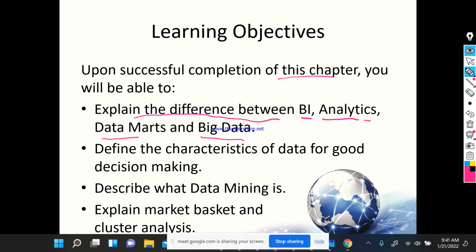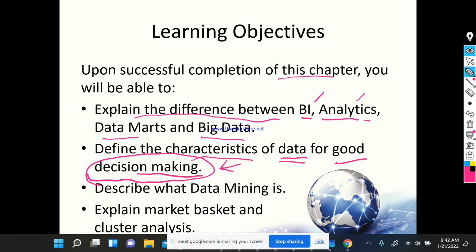Business intelligence is very widely used now, and artificial intelligence as part of the business, and then analytics. Another objective of this discussion is that we need to define the characteristics of data. Why? Because we want good decision making. Whether we are doing big data, data analytics, business intelligence, or predictive analytics, the ultimate target is decision making.